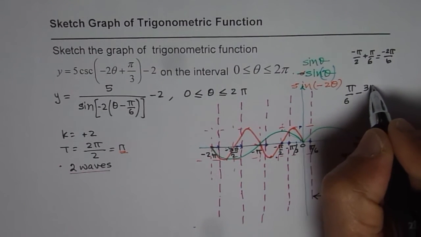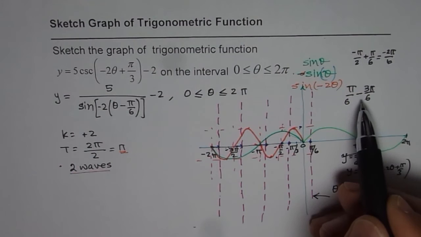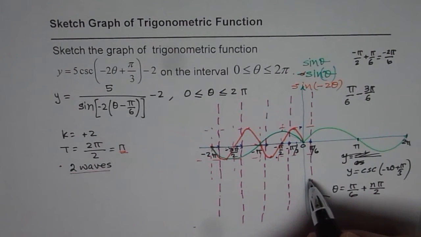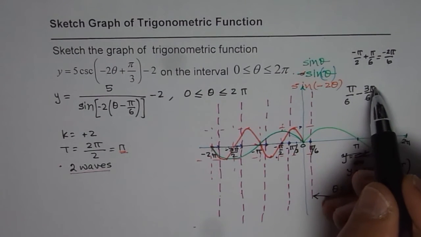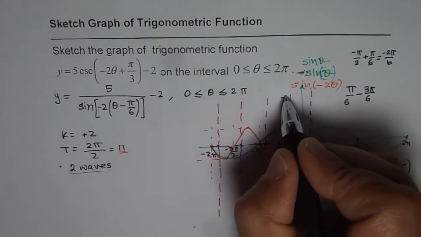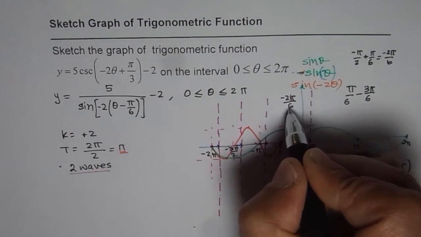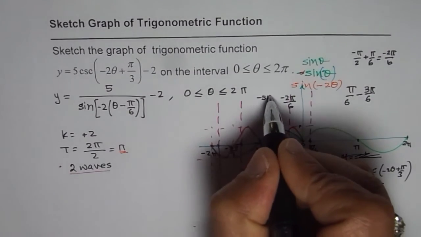So minus 3 pi by 6. Every time you take away 3 pi by 6, you get to the next vertical asymptote. So minus 3 pi by 6 will give you minus 2 pi by 6. Let me write minus 2 pi by 6 first, and then again minus 3 pi by 6 will give you minus 5 pi by 6.